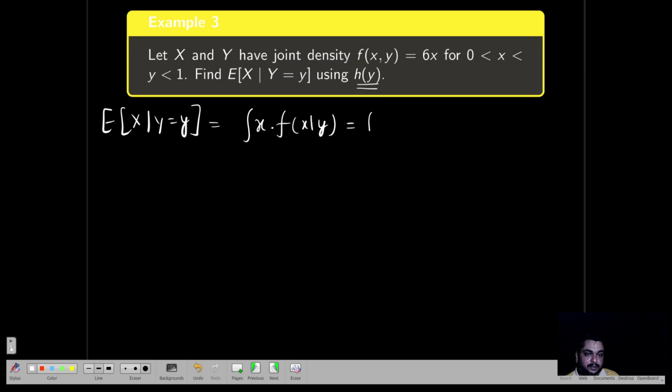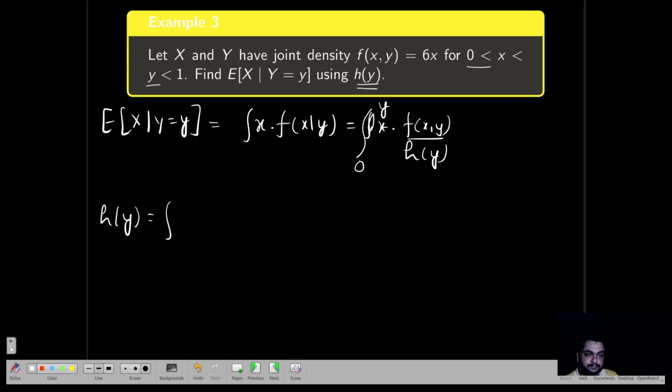So nothing but the integral of x into f of x given y, which is written as f of x comma y divided by h of y because y is fixed. Now what is the interval for this entire function? x is varying, so x belongs to 0 to y. Now find h of y.